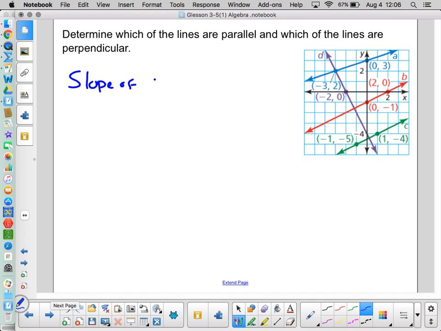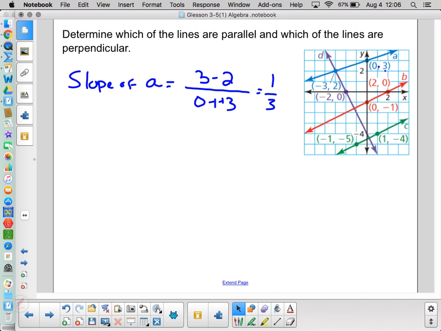The slope of A, and again, it doesn't matter what we choose first and second. I'm going to use the formula to show this, not just counting boxes. The slope would be 3 minus 2, change in y over change in x, 0 minus -3. That's 1/3. And so we'll find the slope of B. By the way, I'm going to abbreviate slope as m.